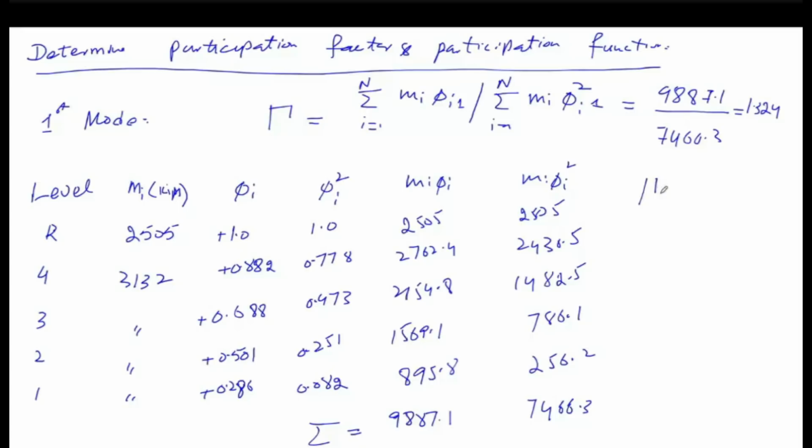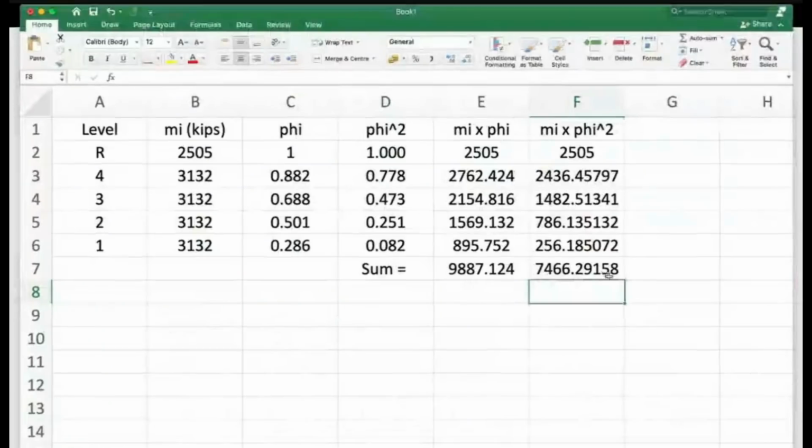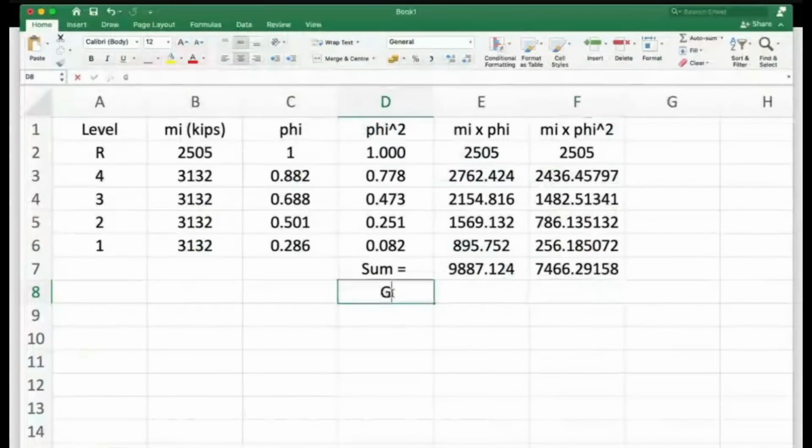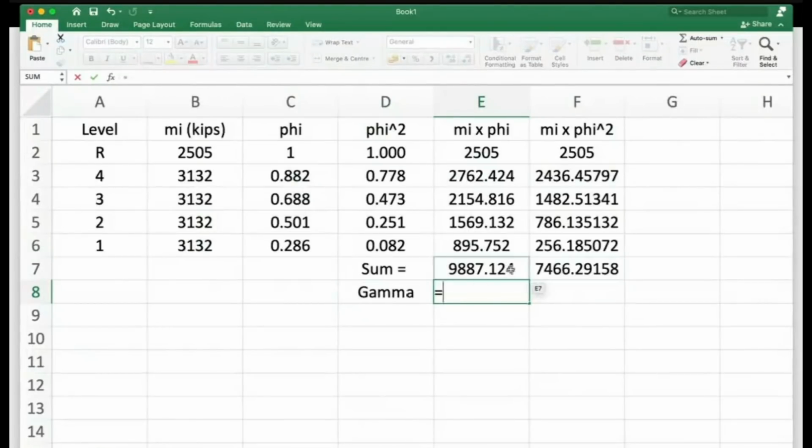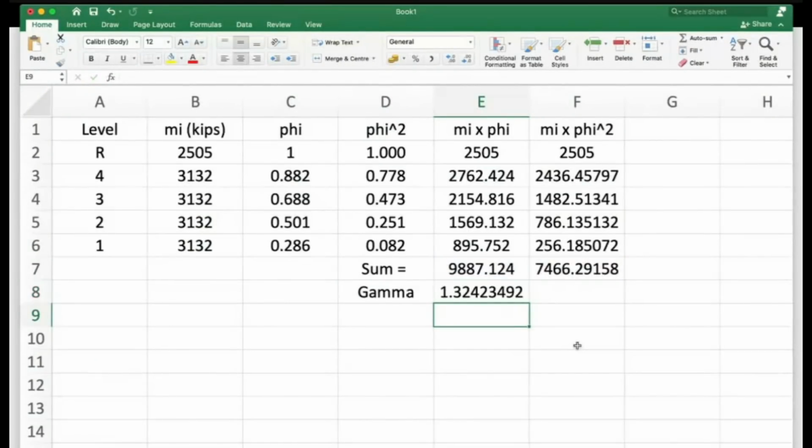So the gamma factor is equal to 1.324 for mode 1. It's this divided by this, 1.324.